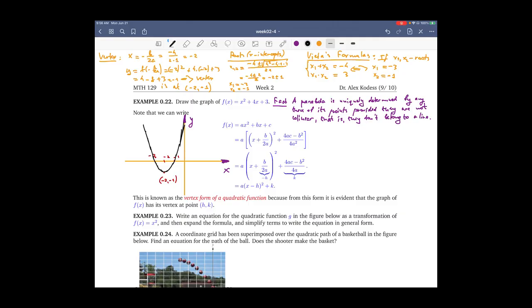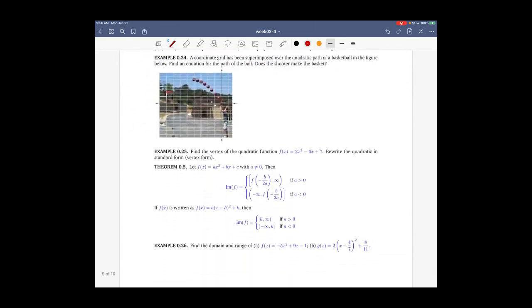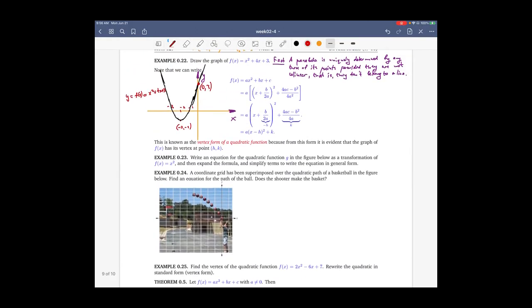By the way, the y-intercept is at 3. So this point is 0, 3. And that is the graph of our function, x squared plus 4x plus 3. All right, this example is finished.